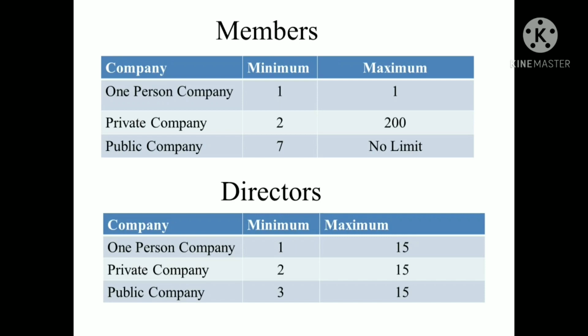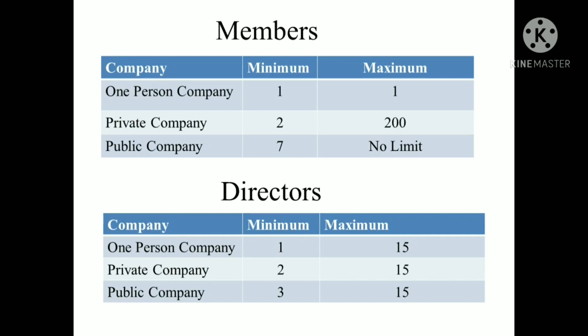Which company is called one person company? One person company means a company which has only one person as a member. Therefore, in one person company, minimum एक member होता है and maximum भी one ही member होता है.